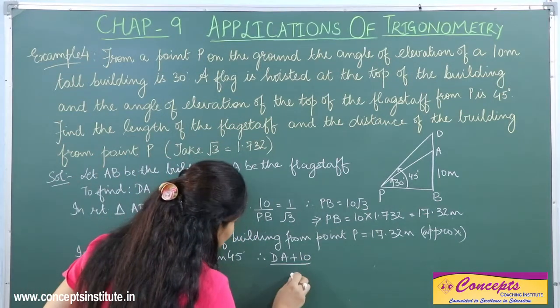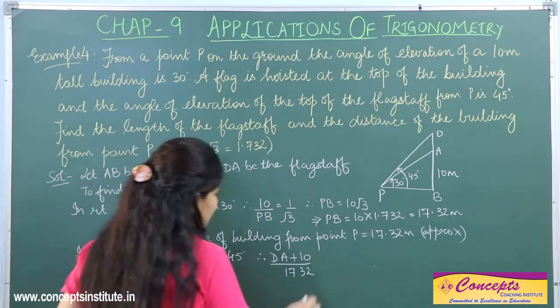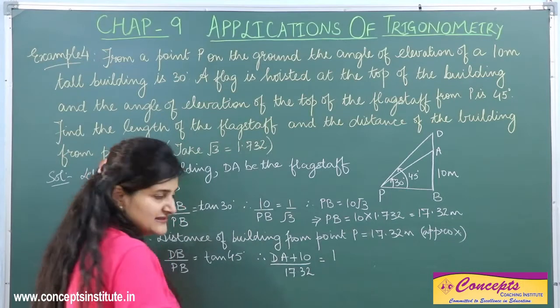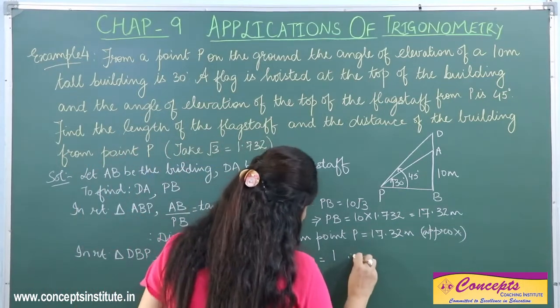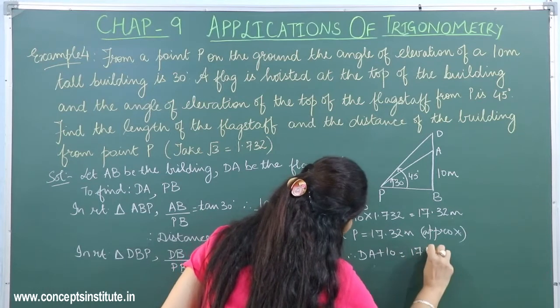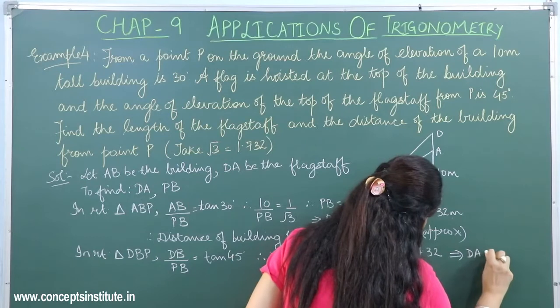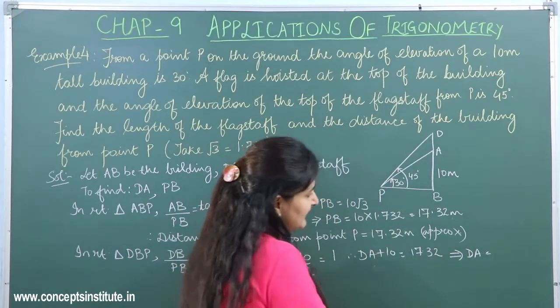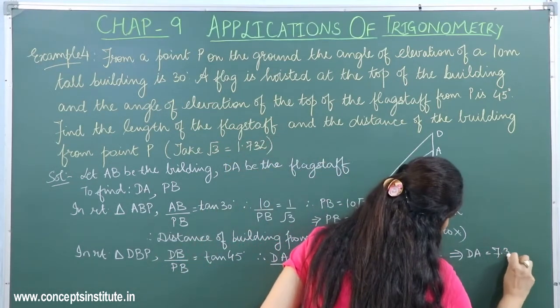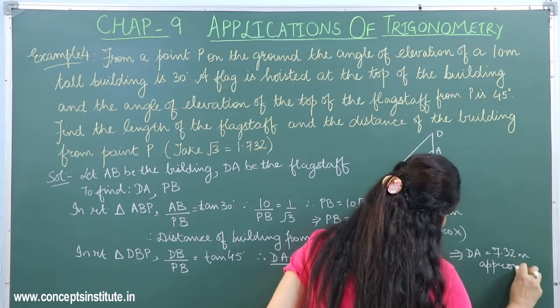We have found out to be 17.32 meter approximately, and tan 45 is 1. So therefore I get DA plus 10 equals to 17.32. So this implies that DA comes out to be 17.32 minus 10, that is 7.32 meter approximately, isn't it?